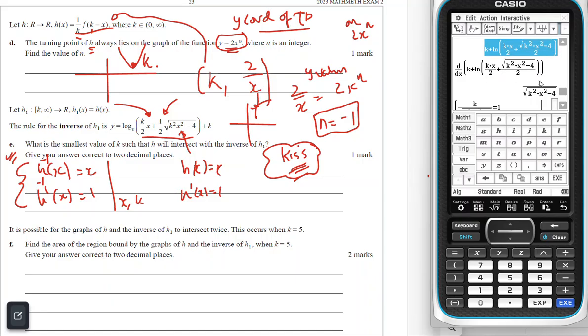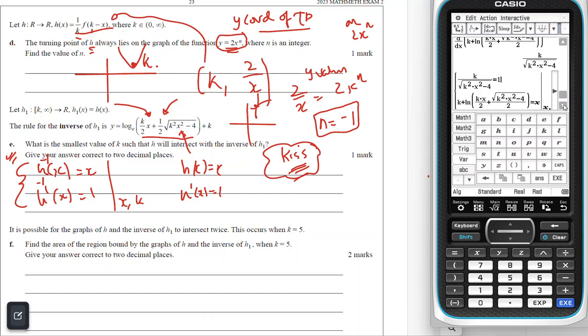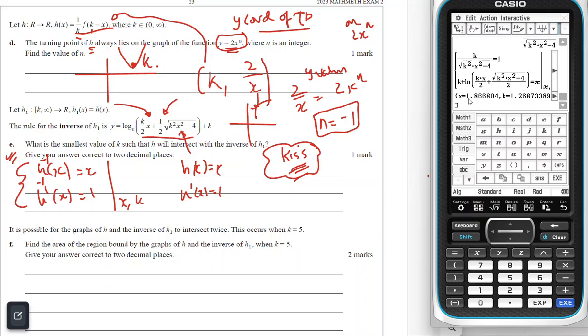I've got the derivative. And then I come down and I have the derivative equal to 1, and I have the inverse equal to x, and I'm solving for x and k, and it gives me more than one solution, and I get x equaling 1.866 and k equaling 1.27.